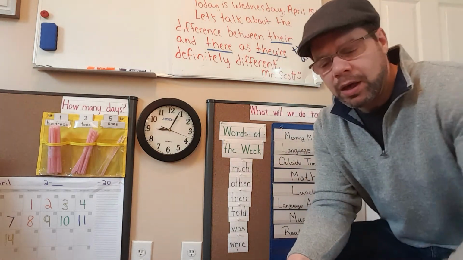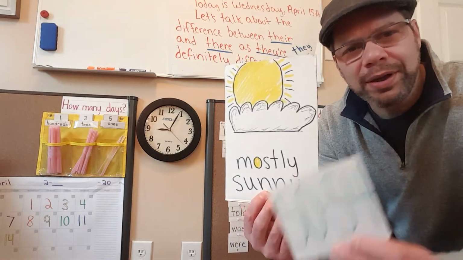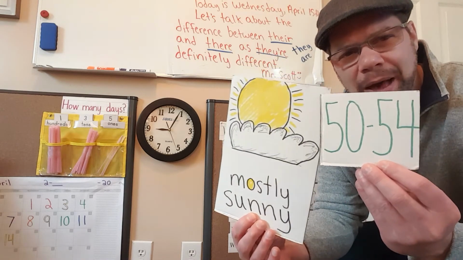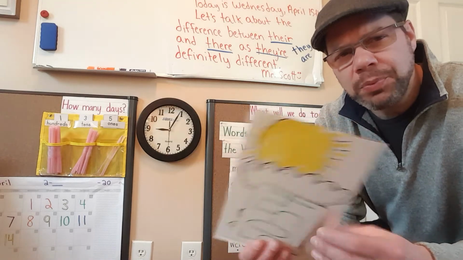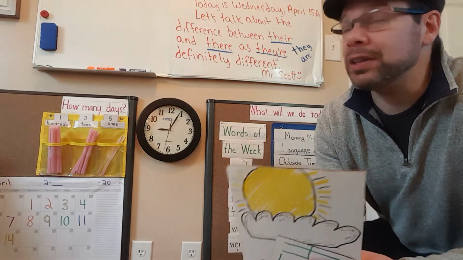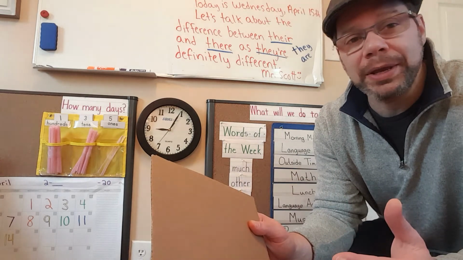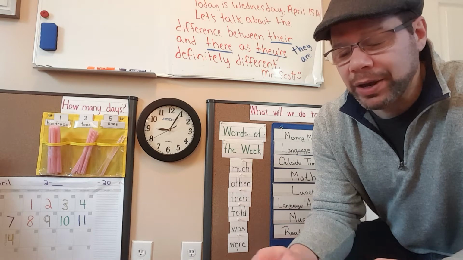Okay? Before we get on to words of the week, we're going to go over the weather. Today is supposed to be mostly sunny, a high of about 54 degrees. So it's a pretty mild day. I notice the trees are no longer dormant. They're actually growing their leaves back right now.